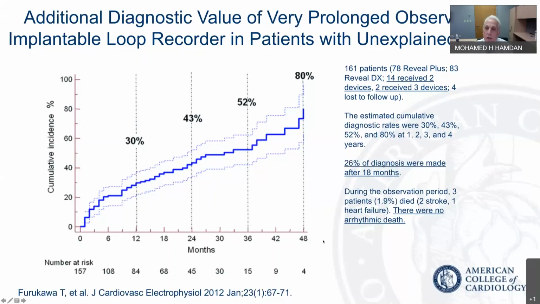So the study included 161 patients. 14 patients received 2 devices and 2 patients 3 devices. What was noted in that study is that 26% of the diagnoses were made after 18 months. And in the waiting period, there were no arrhythmic deaths. So again, the take-home message from this study is that once you commit to monitoring in patients with cardiac syncope, it's very important that you continue to monitor these patients until a diagnosis is made.